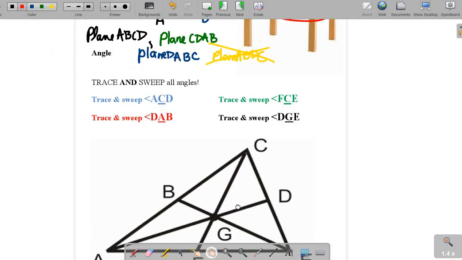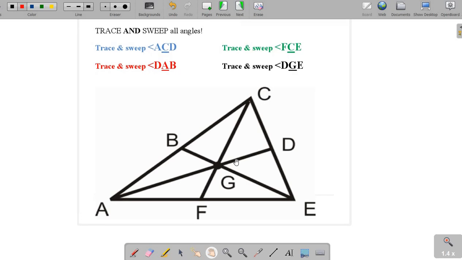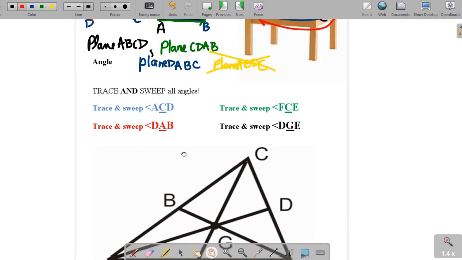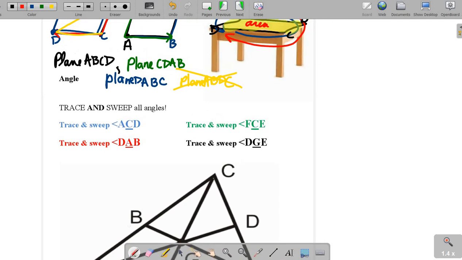You really want colors for the next one. I have this color-coded for a reason, so I'd like you to go ahead and get your quad pen out, or colors if you have them, because I'm going to color code this. Angles are made up of 2 rays. Just in general, angles, let me show you.